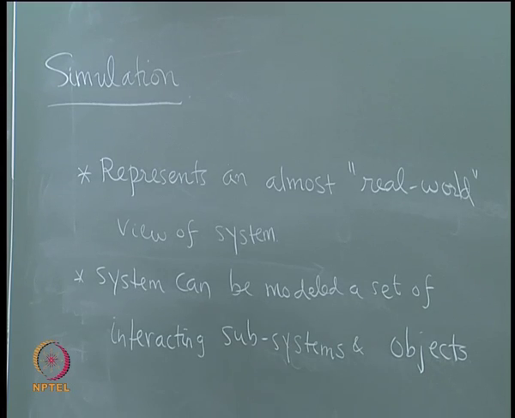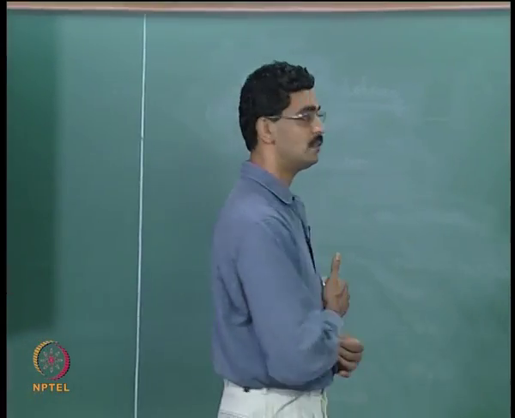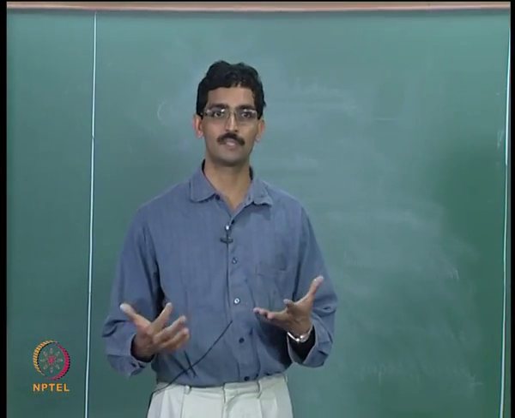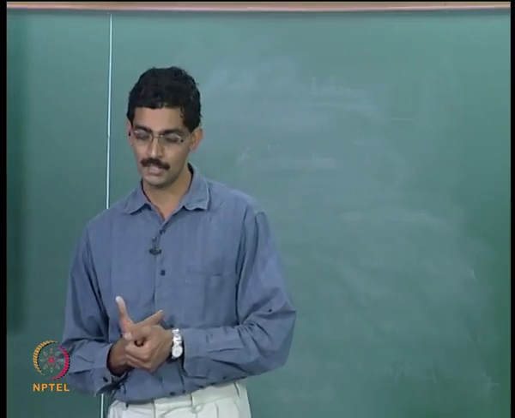Within the subsystems you will have your objects and so on, just like your regular software engineering project where you decompose the system and then identify what the objects are. And these objects in turn will emulate your real system behavior: subcomponent behavior, component behavior, all that.